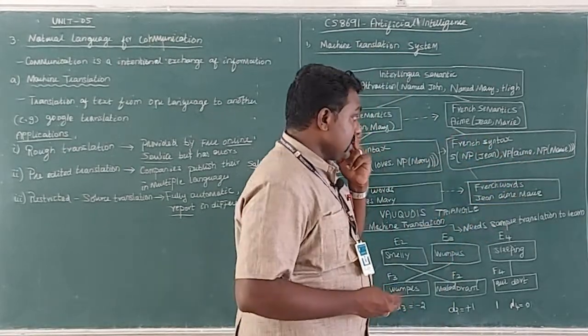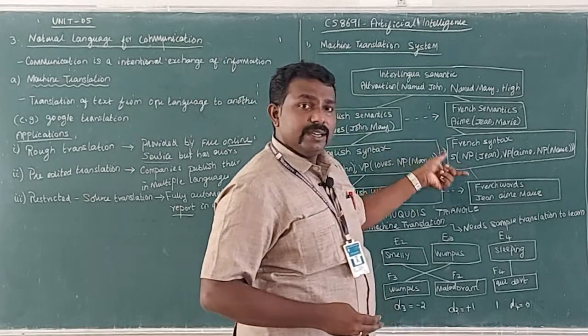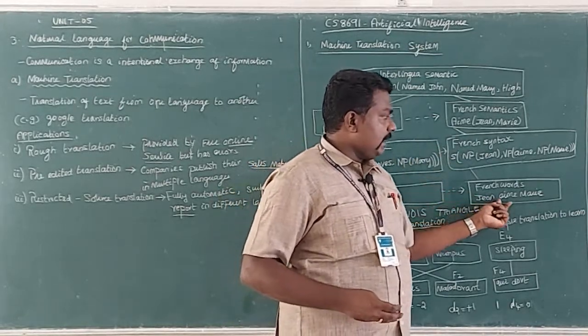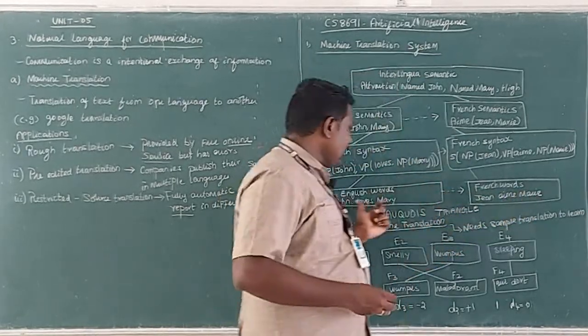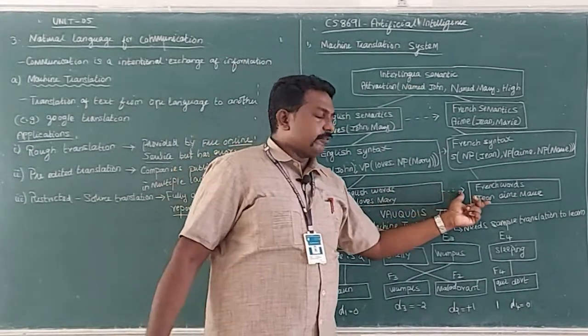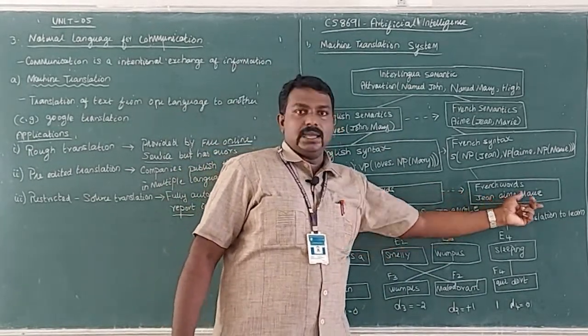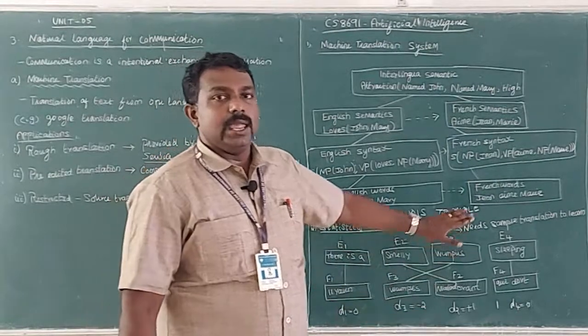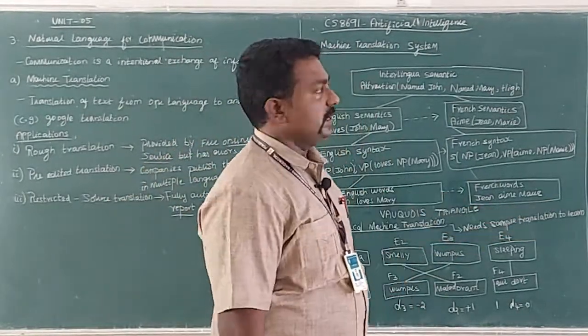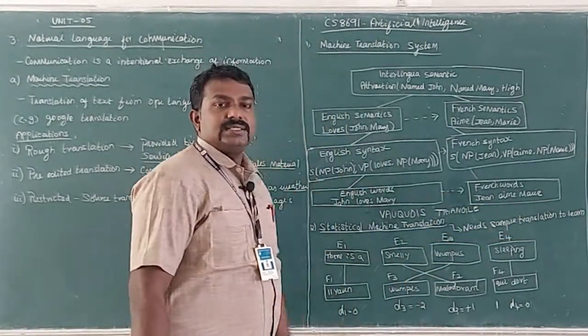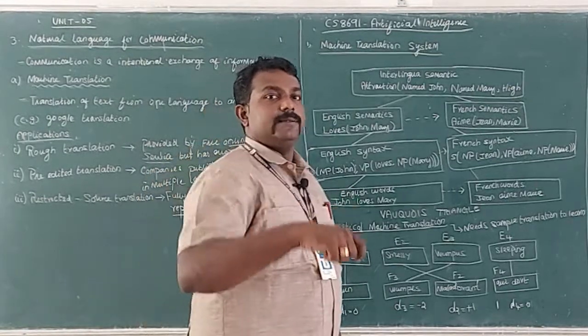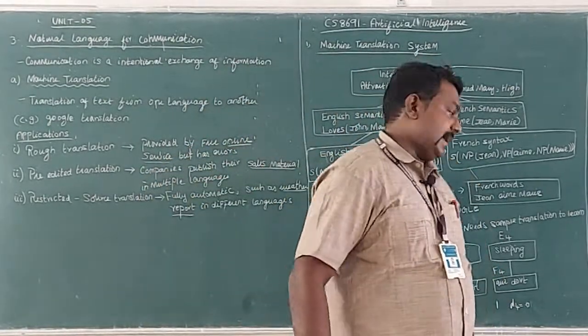So this is the syntax in French, and finally we get the sentence Jean aime Marie. So John loves Mary is converted into the French sentence Jean aime Marie. So this is how machine translation is done from one language to the other.